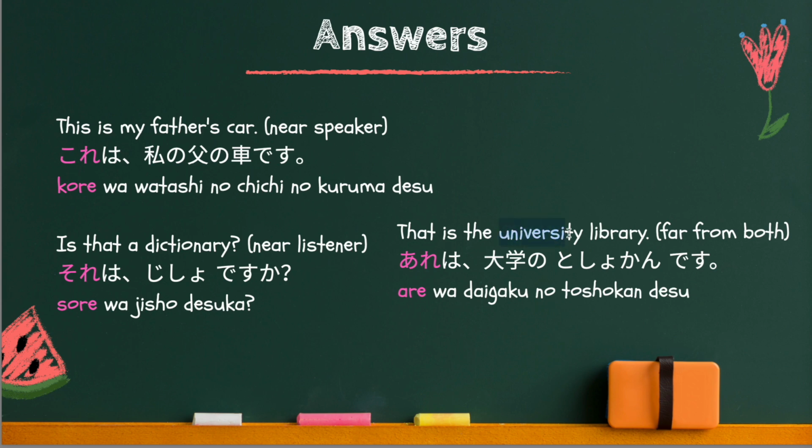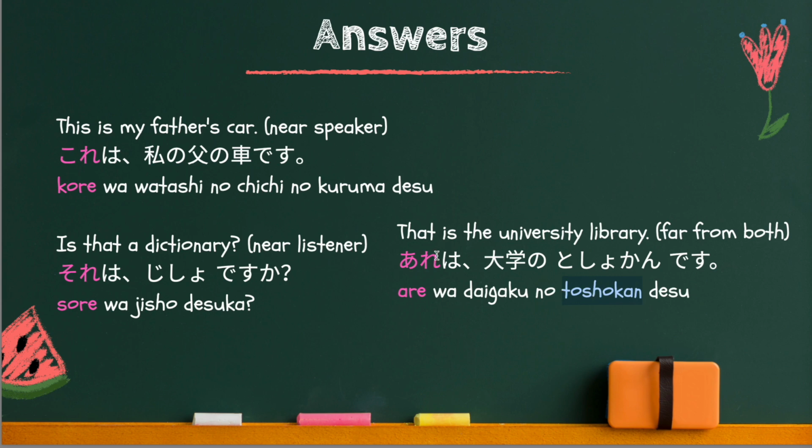And university is just an extra information explaining more about library in detail. In that case, the main idea comes after no particle, and 大学 university, that's an extra information explaining more about 図書館 in detail.